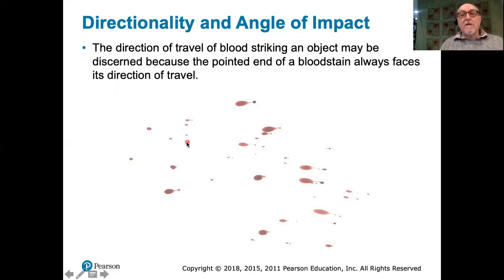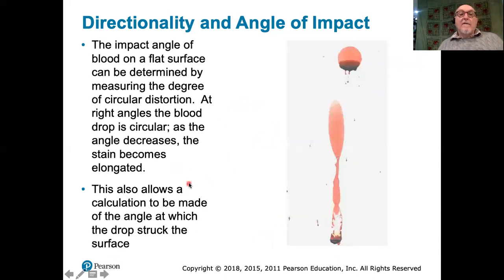So the first thing to note is that we can tell the direction they were flying. The second thing is that we can tell the angle. If blood drops directly, it makes a round dot, while blood coming at an angle is distorted into an elliptical form, an ellipse like that.